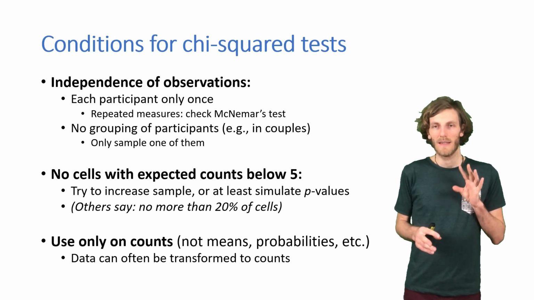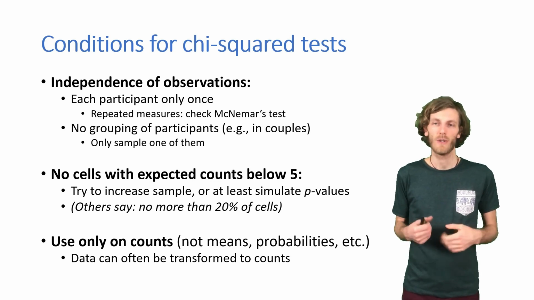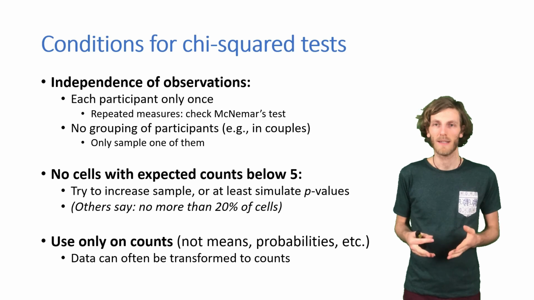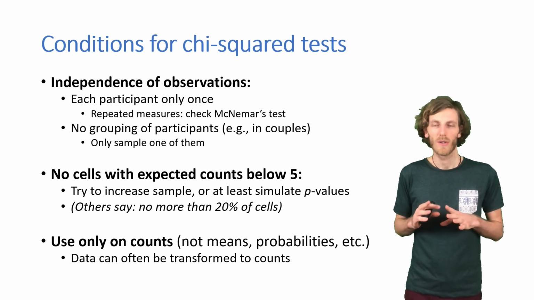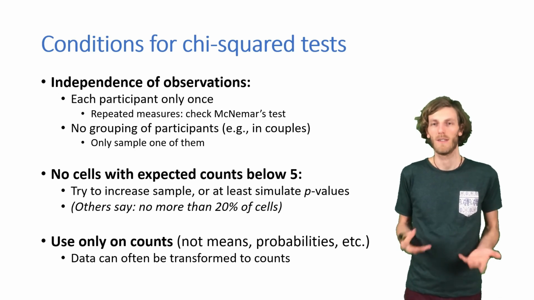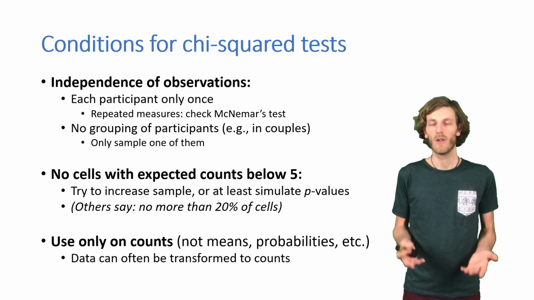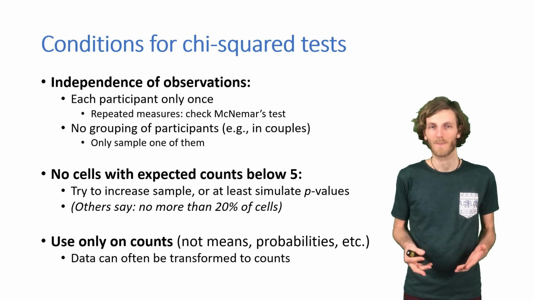So try to increase your sample size, but at least make sure to use the simulation to estimate the p-value. If you use a simulation, you're much less likely to get false positives. However, you are realistically not very likely to find an effect with a very small sample.